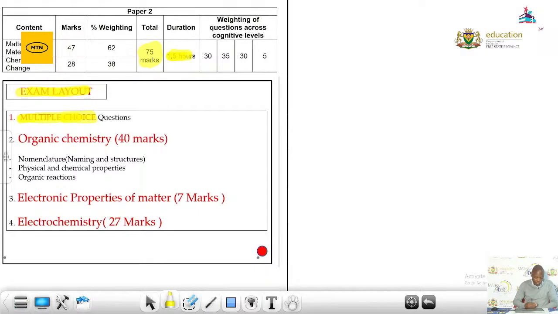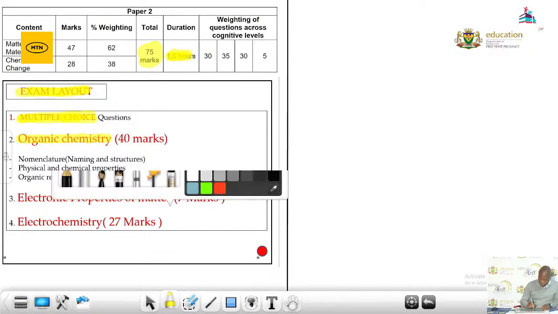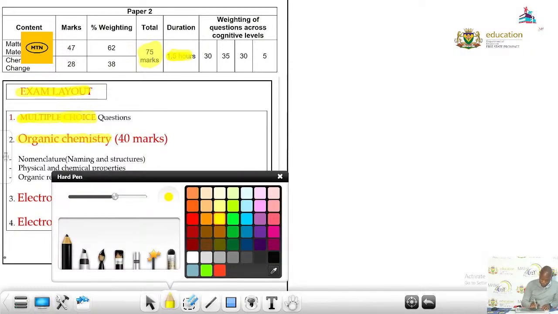With multiple choice, we'll be given 4 options, and we need to choose the correct answer. But I will get into the critical ways of how to approach the multiple choice once we get into the individual questions. And now we also have organic chemistry, which will be plus or minus 40 marks.